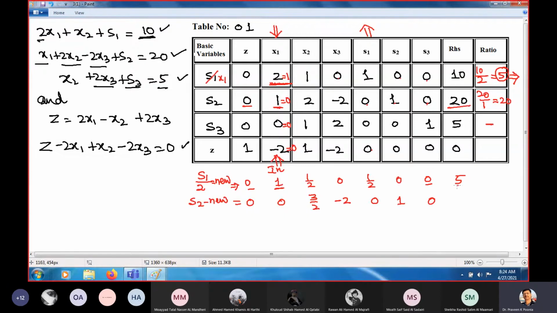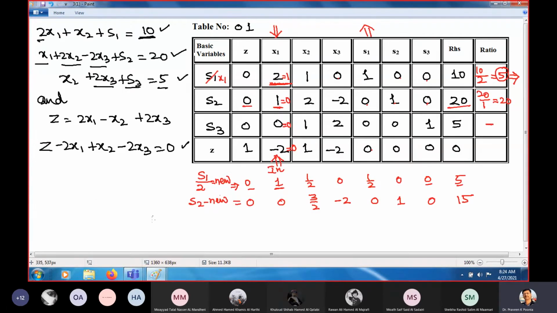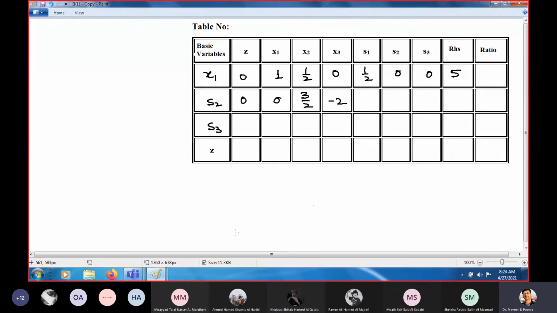And here 20 minus 5 is 15. So the new row is 0, 0, 3 by 2, minus 2, 0, 1, 0, 15.